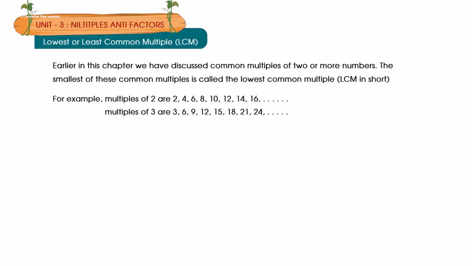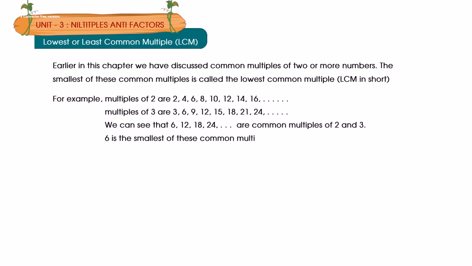We can see that 6, 12, 18, 24, and so on are common multiples of 2 and 3. 6 is the smallest of these common multiples. Therefore, the least common multiple of 2 and 3 is 6.